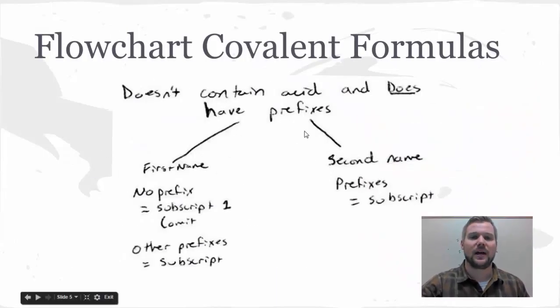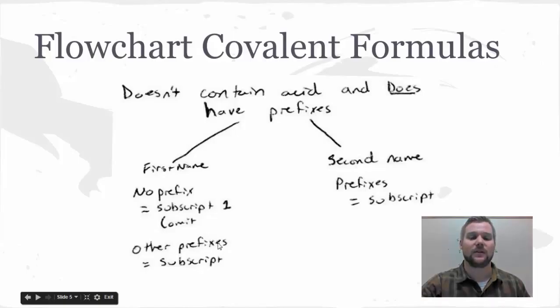Way to look at this, we can tell that this doesn't contain the word acid. So in some of my classes we have acids, and in chemistry fundamentals we don't have acids going on. So if your name does have a prefix, that first name, if there's no prefix, don't forget the subscript's going to be 1. We don't need to write it down in the formula though.